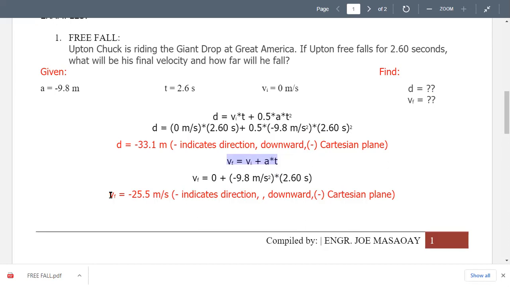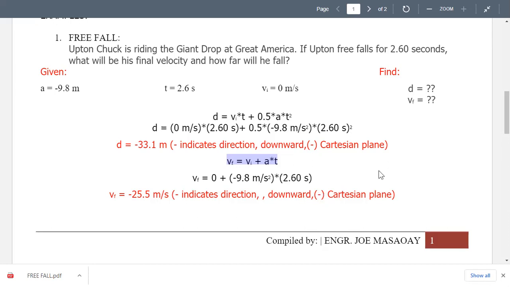That gives us your final velocity at almost negative 26 meters per second. Why is it negative? Negative indicates direction. That was downward, or south. So your final velocity for this problem is negative.